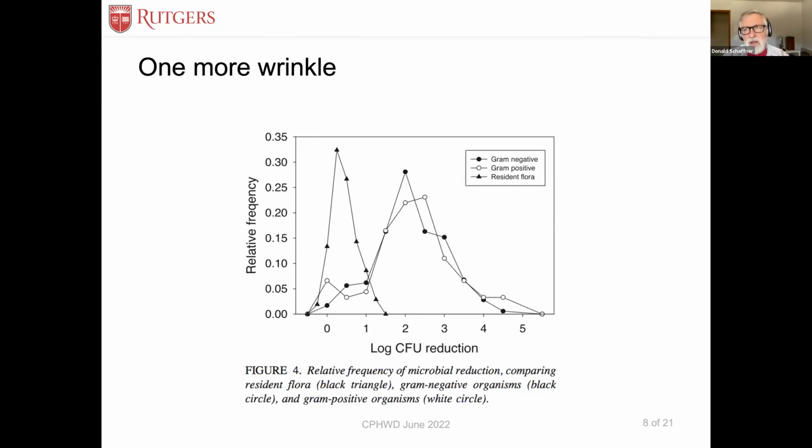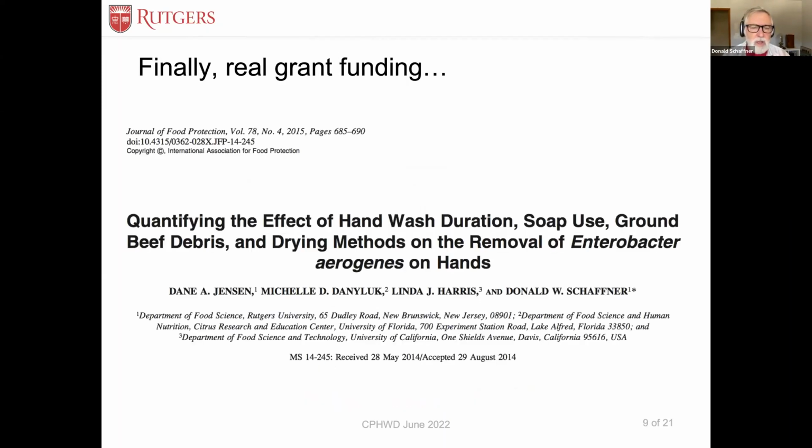So the more that you put on, the more that you can measure, the more that you can take off. But if you start with a really low level, like most people naturally have on their hands, it's a lot harder to show the effectiveness of removing bacteria. So, and again, we'll come back to that. We'll touch on that theme again at some point, or if not, we can talk about it in the Q&A.